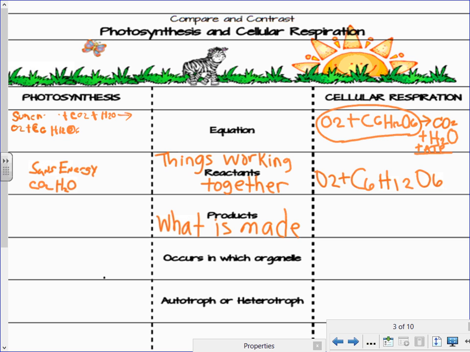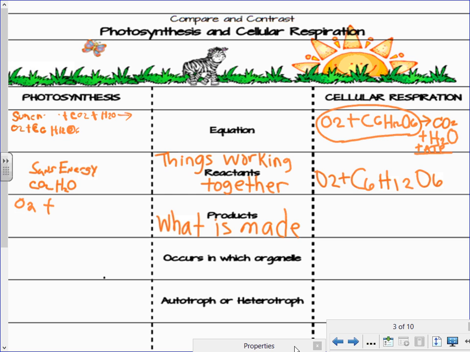So photosynthesis, what is made. This is not difficult at all. Energy is not on the right side of the arrow. That's not energy. What does a plant make? Sugar. So what's the equation for sugar?